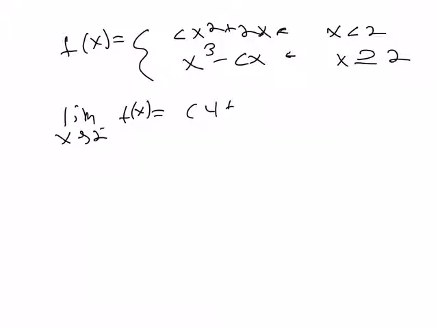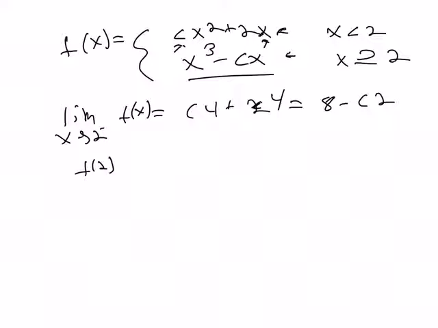c times 4 plus 4. Just plug in the 2's over here. And we want this to equal f of 2, which happens when we just plug in 2 over here. So that will be 8 minus c times 2.